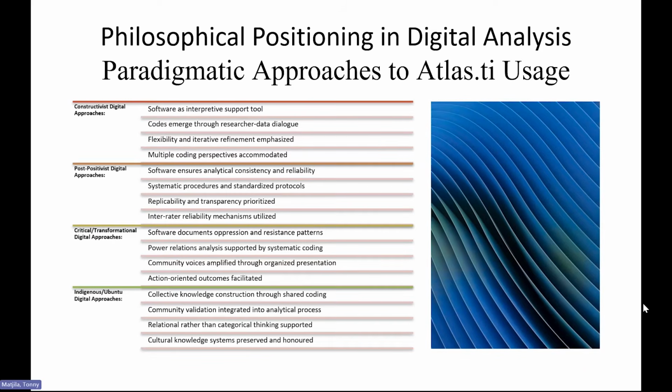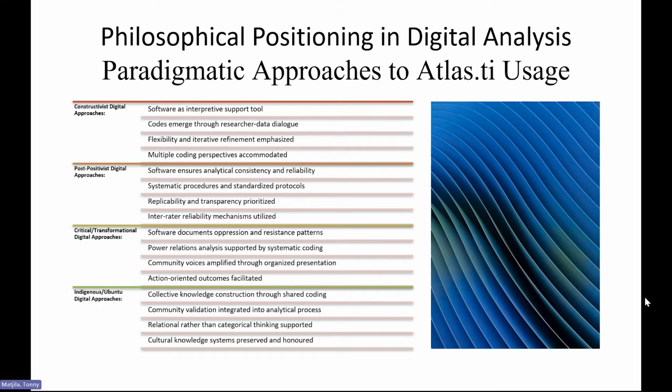For critical researchers, they use Atlas to document systematic patterns of oppression while organizing resistance narratives so that they can advocate for change. And for example, those who are aligned with Ubuntu might involve communities in a collaborative coding process.